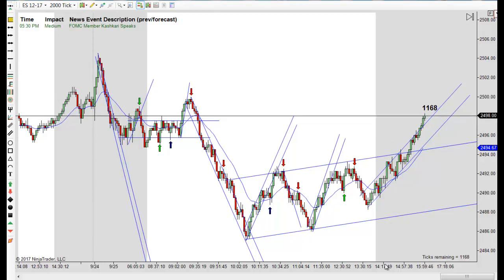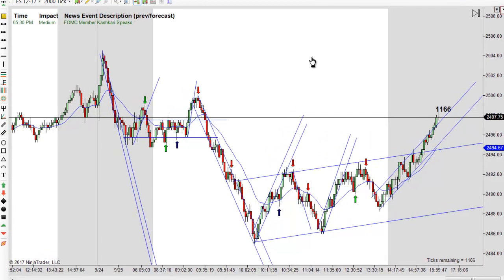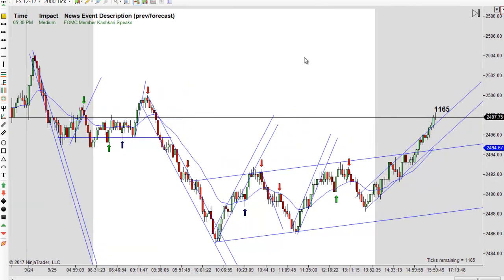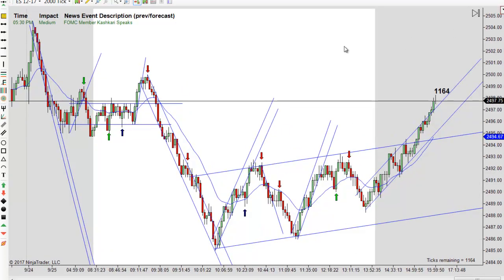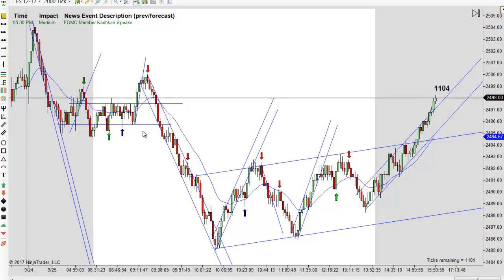So anyway, we did get some movement finally. Somebody asked me about dropping the tick size down, and the problem right here is there's not enough room between the lows and the highs to really scalp out. So even if you made your tick chart a little smaller, you still don't have room to get out.